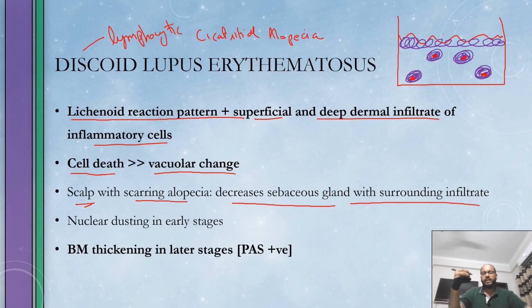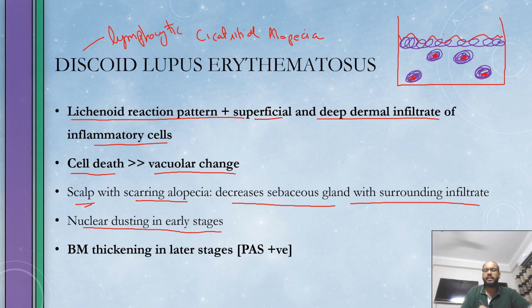Okay, so we are kind of learning and correlating lymphocytic cicatricial alopecia, which is a type of cicatricial alopecia, on histology. There are other types like neutrophilic rich mixed cell infiltrate, but it's an interesting prospect to read. Let's come back to DLE. Nuclear dusting is seen in early stages.